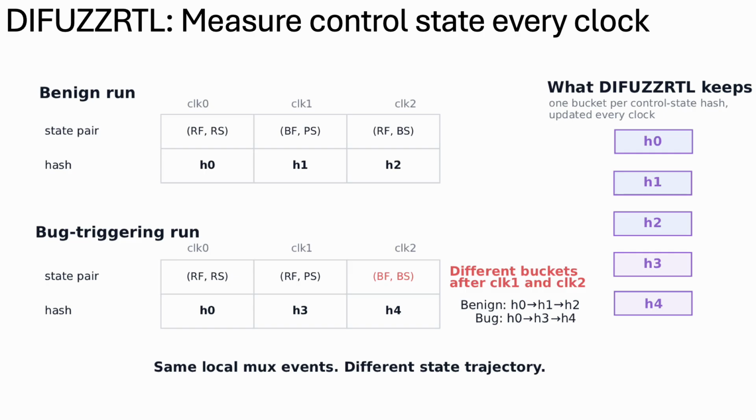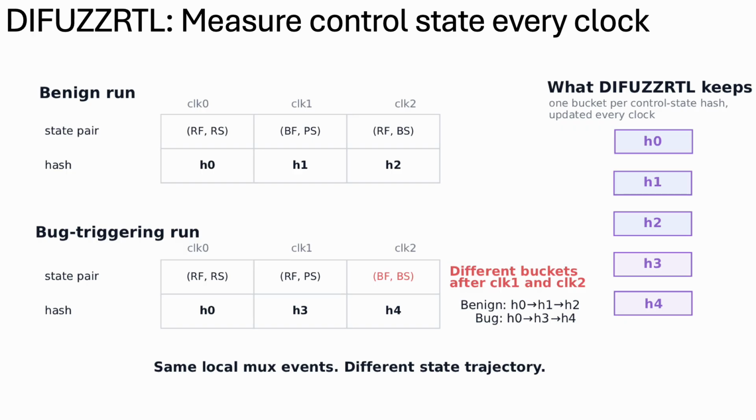So to get around these challenges that Fuzz faces, DIFUZZRTL changes what it measures so that instead of asking whether local mux events ever occurred, it asks which control states the design occupies each clock cycle. So in the example shown, the important control state is just the pair state F and state S, so the state of the flash circuit and the state of the SDRAM circuit.